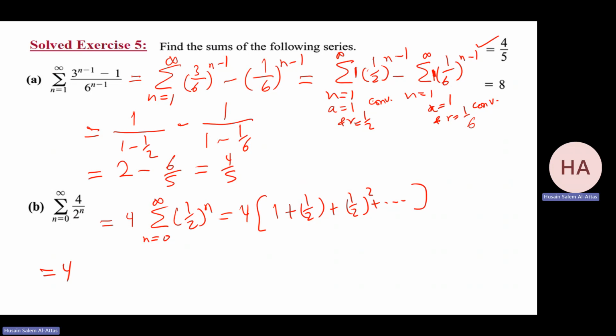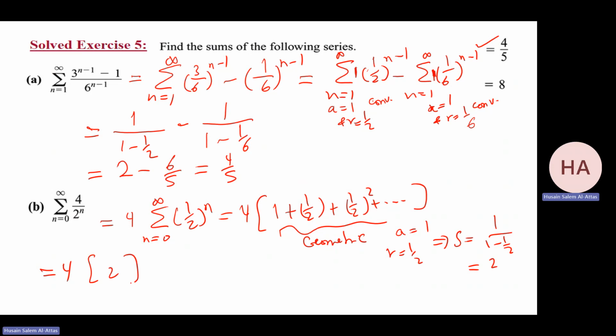This is geometric. What is A? A equals 1 and R equals half. So S is 1 over 1 minus half, which is 2. So this is 4 times 2, which is 8. So this is the answer.